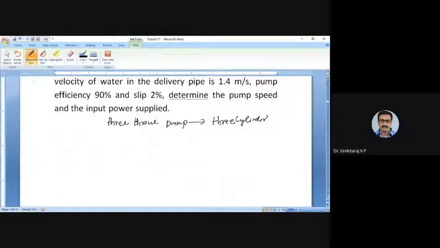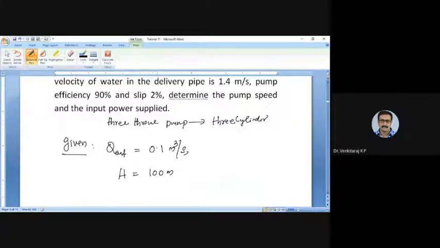So let us write the given data first. The actual discharge is 0.1 meter cube per second. Then the head of the pump is 100 meter, so it has to work against a head of 100 meter.